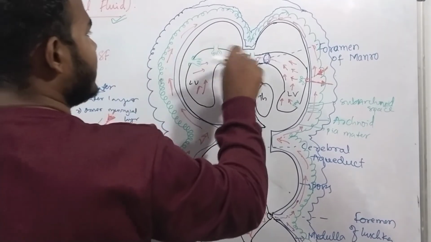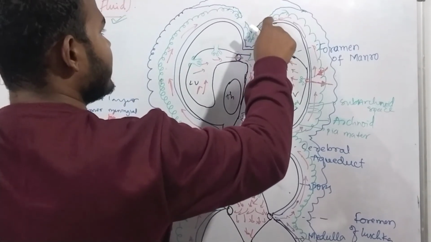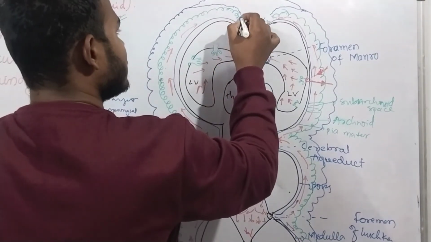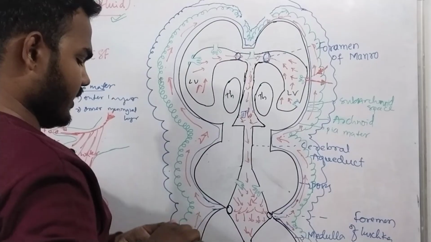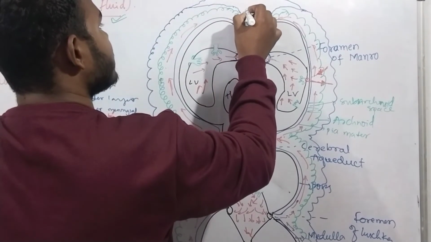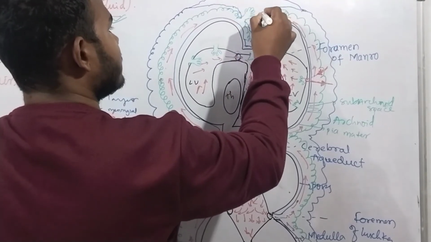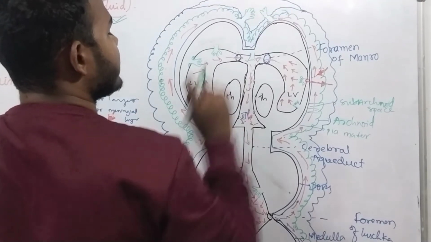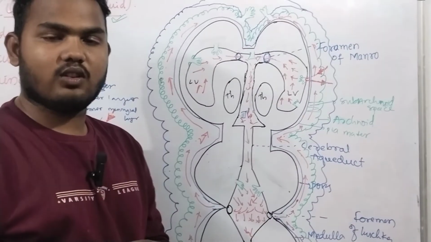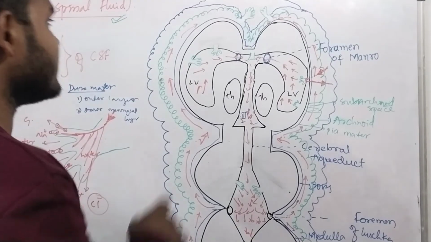The arachnoid layer forms finger-like projections through holes here. These projections are called villi, the subarachnoid villi.